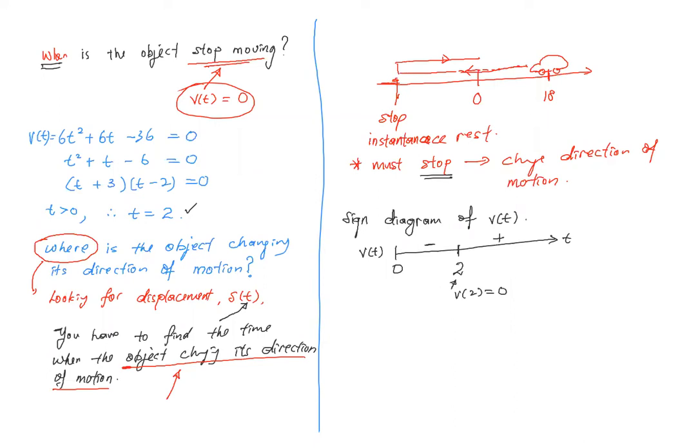So from this sign diagram, I can interpret like that. t from 0 to 2, the object is moving to the left.